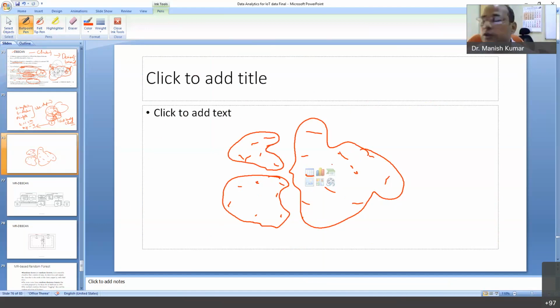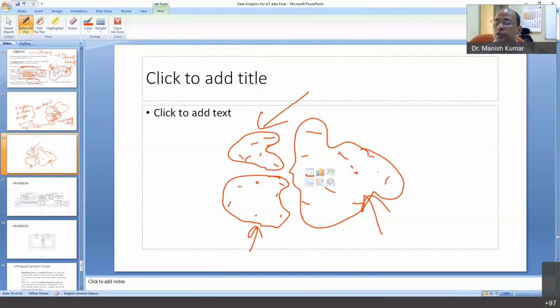So it can generate such clusters. Randomly choose one point, go for all these density reachable points. Once it is over, then you go for another random point. Then this process will go on until all the points are mapped to some of the clusters. So it will generate an arbitrary number of clusters and arbitrary shape of clusters.